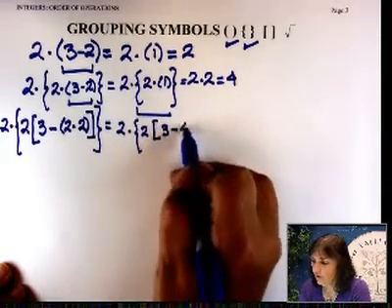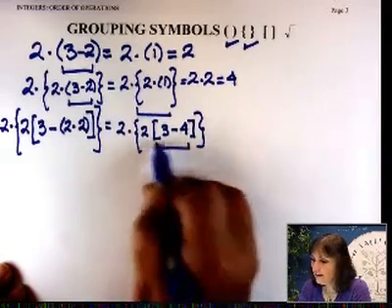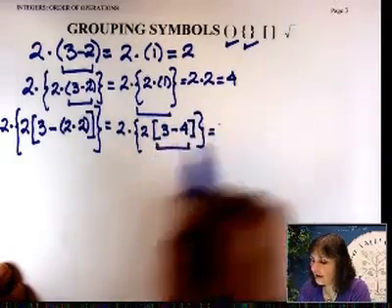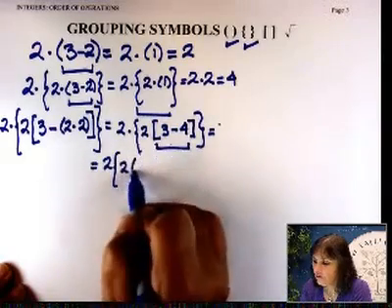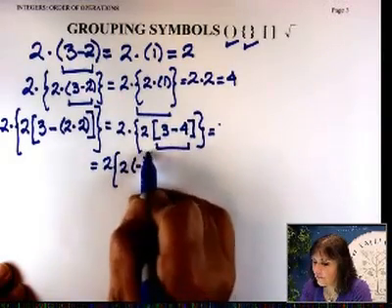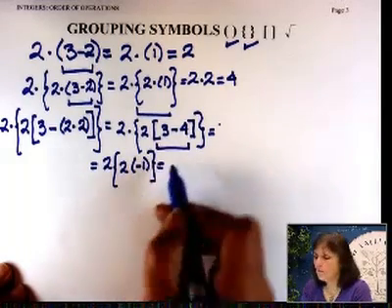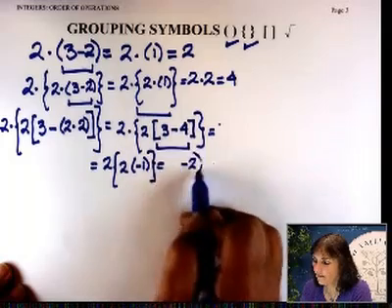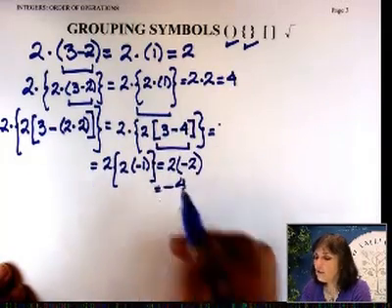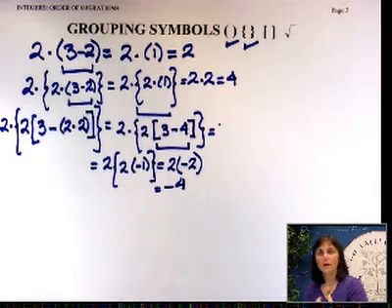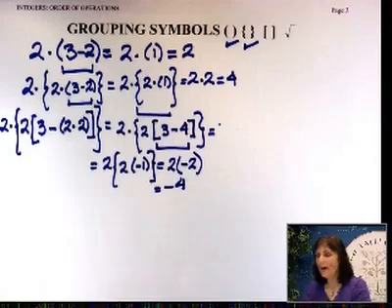Now I do the next one. 3 minus 4, that's negative 1. I write everything else. Now I do what's inside the braces. 2 times negative 1, that's negative 2. And you have a 2 in front of it, and you have negative 4. So the key is when you are doubling, tripling up all the grouping symbols, do them from inside out.